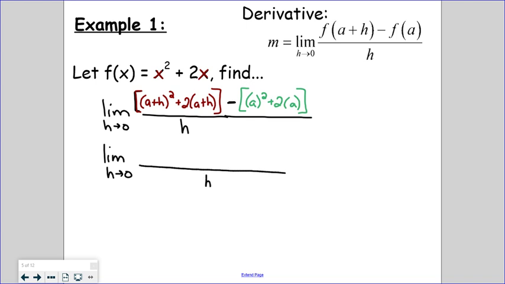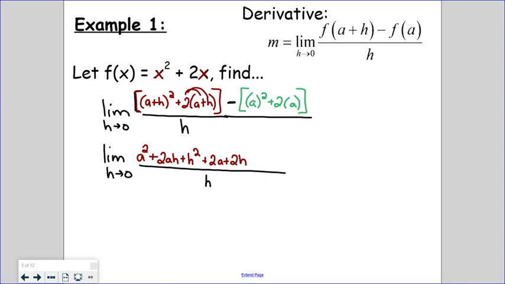Okay, so working on that first one, I've got a binomial squared, which means I've got to write it twice in FOIL, right? If I write that twice in FOIL, I would get a squared plus 2ah plus h squared. Distribute that 2 through here, plus 2a plus 2h.